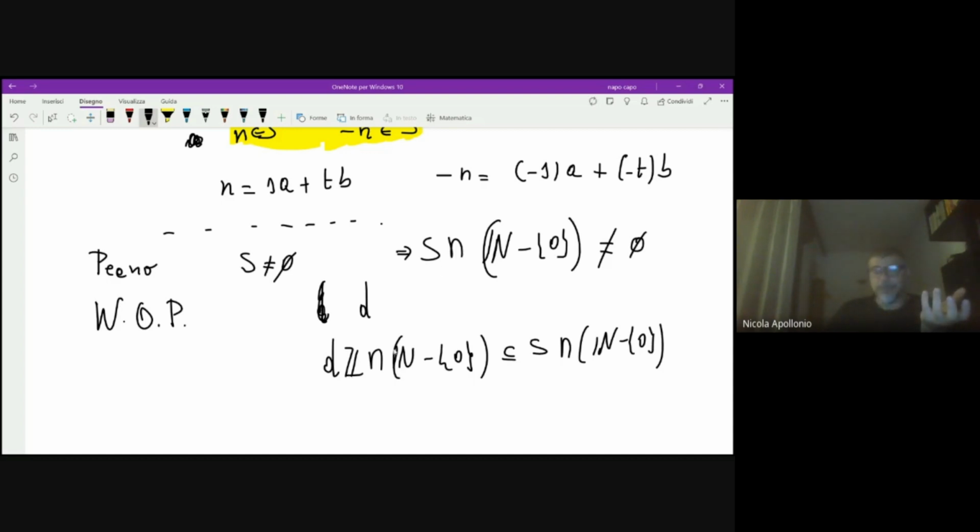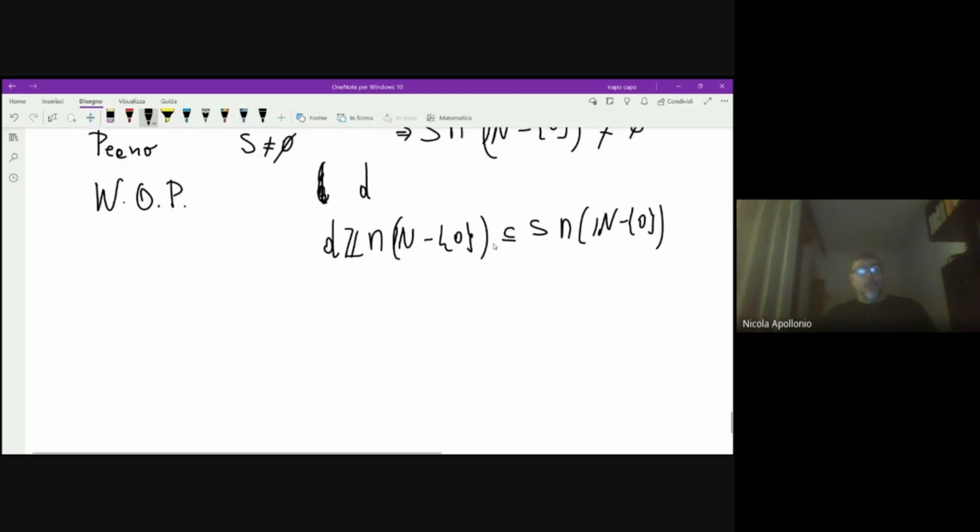So this is true. The set of positive multiples is clearly, trivially a subset of the set of positive linear combinations. But we want to prove that this is not a proper inclusion.